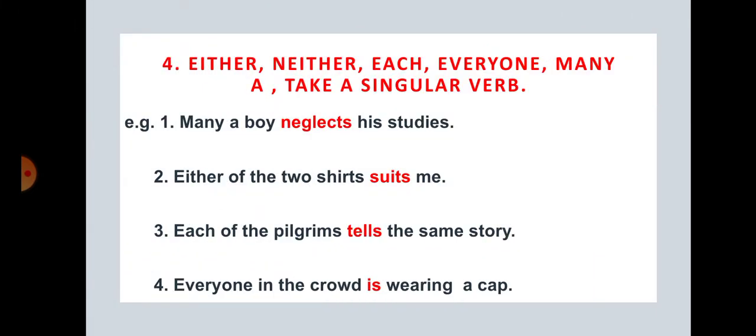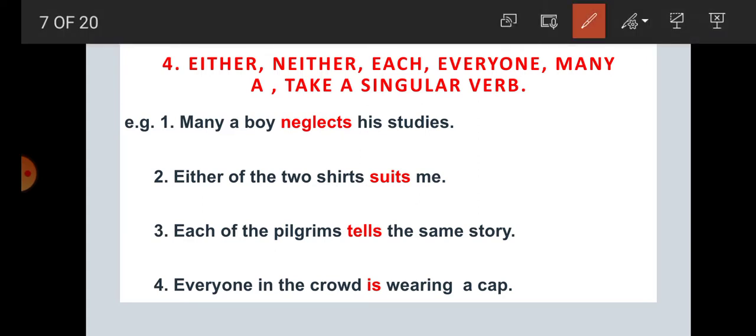Now student, rule number 4. The words either, neither, each, everyone, many a take a singular verb. When the sentence starts with each, every, either, neither, many a, then the verb must be singular.